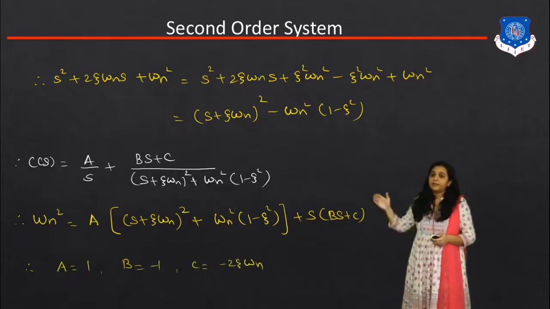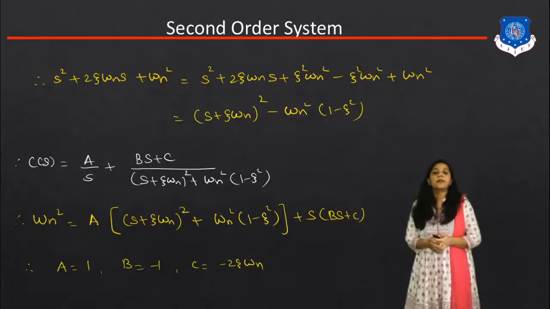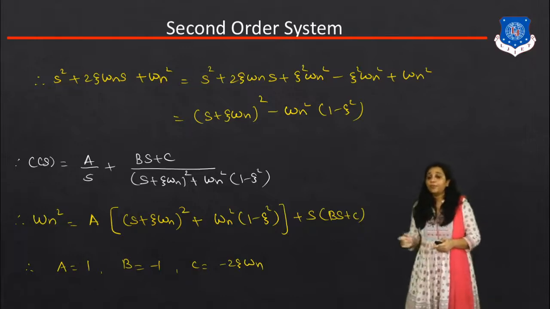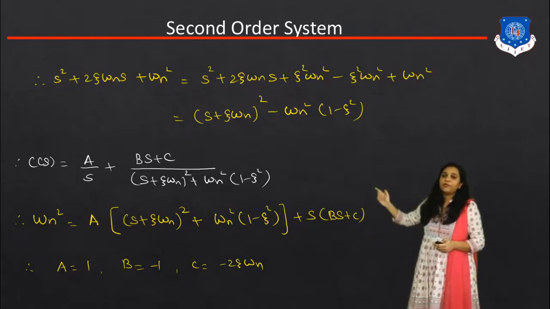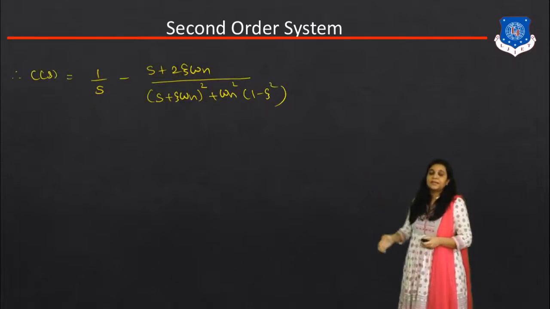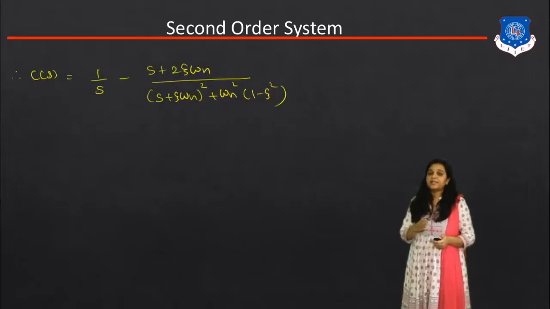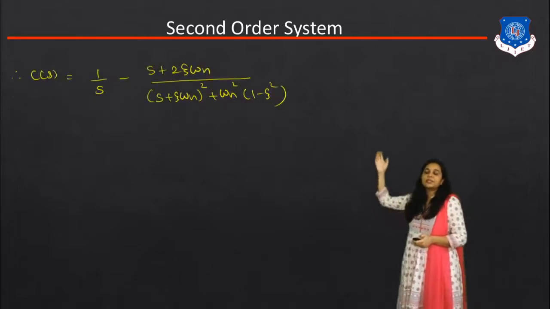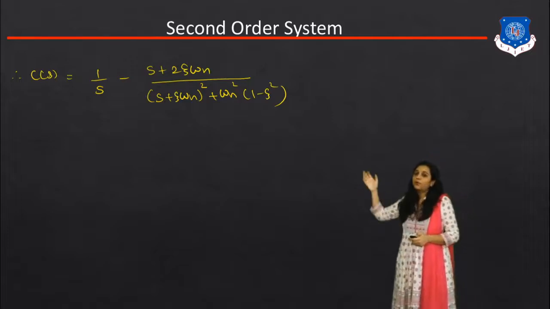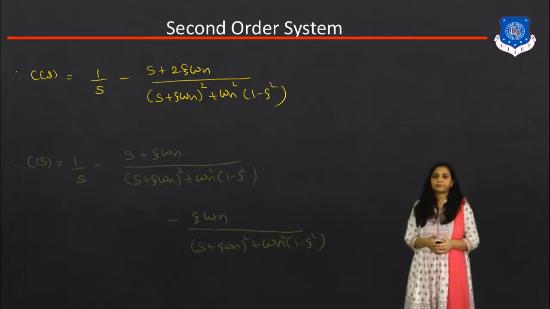Find the values of A, B and C. We get A equal to 1, B equal to minus 1 and C equal to minus 2 zeta omega n. Now we put these values in the above equation. So C(s) is equal to A by s, so 1 by s, plus (Bs + C), so minus (s + 2 zeta omega n) upon (s + zeta omega n) whole square plus omega n square (1 minus zeta square).